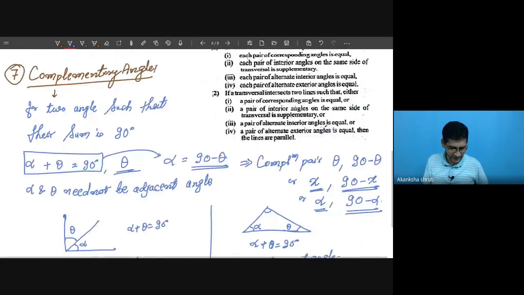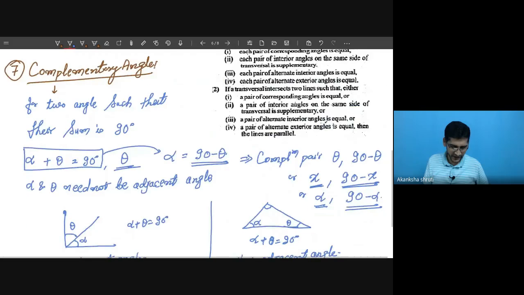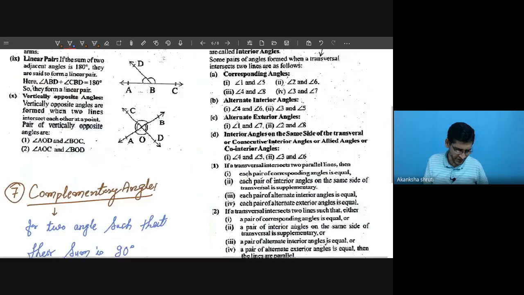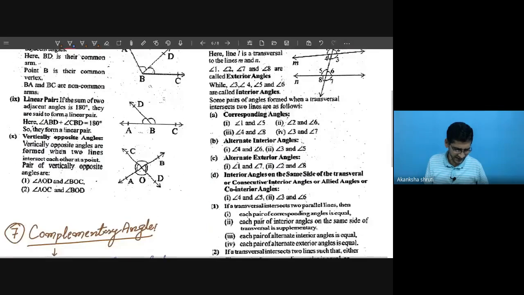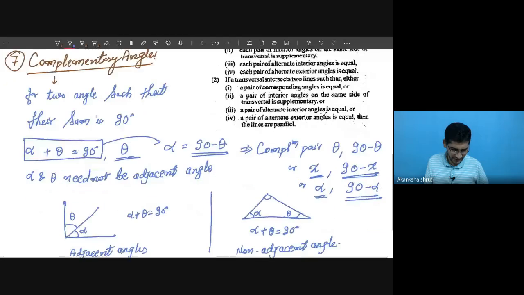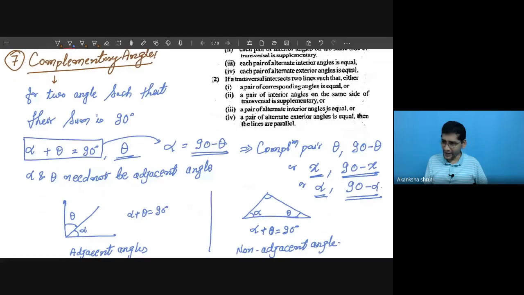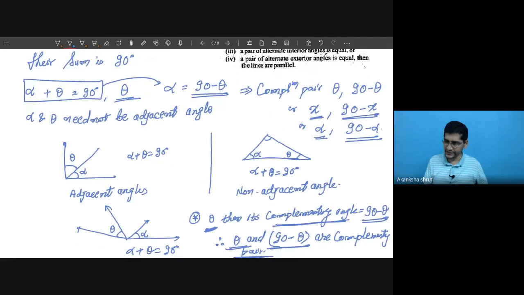Okay. So this was about our complementary angles. Now we have to go for supplementary angles, then we will go for linear pairs. Students, for complementary angles, the two angles need not be adjacent. They may be adjacent or may not be. Like these are the three conditions that we have drawn, in which alpha plus theta was 90 degrees.